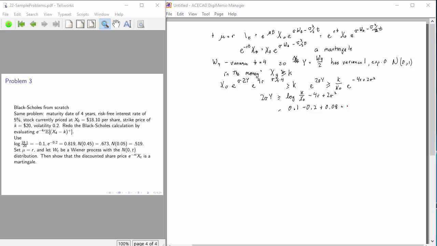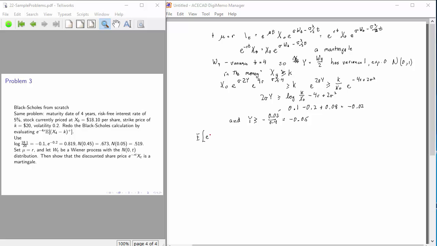Put it all together, and you've got minus 0.02, and therefore I can easily figure out what value of y I need. I need y to be greater than or equal to minus 0.02 over 0.4, which is minus 0.05. This is the quantity I called T1 in the general derivation. So now we've just got an integral to evaluate.